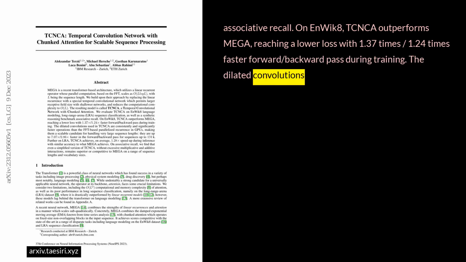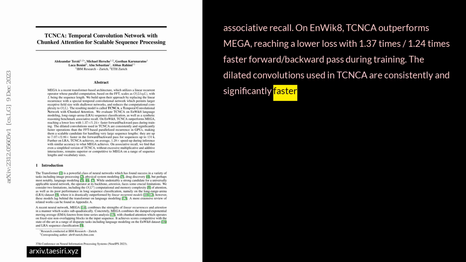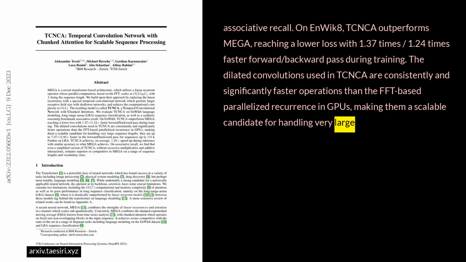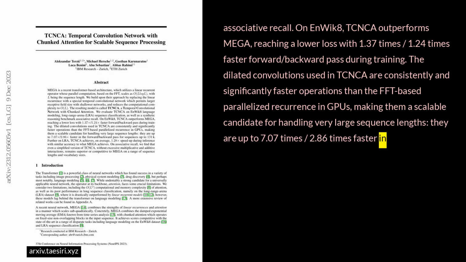The dilated convolutions used in TCNCA are consistently and significantly faster operations than the FFT-based parallelized recurrence in GPUs, making them a scalable candidate for handling very large sequence lengths. They're up to 7.07 times, 2.86 times faster in the forward-backward pass for sequences up to 131K.